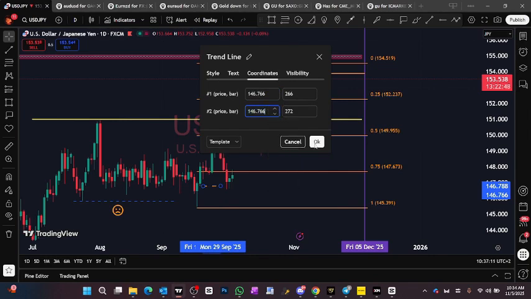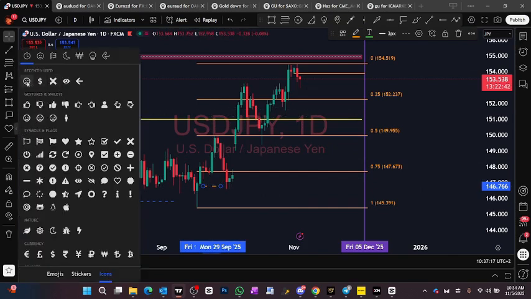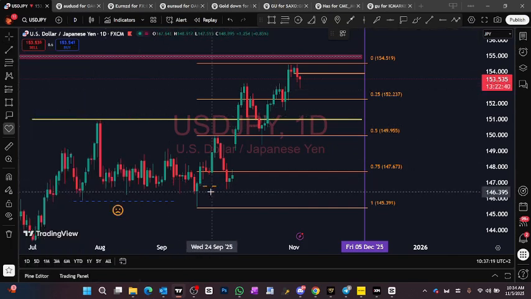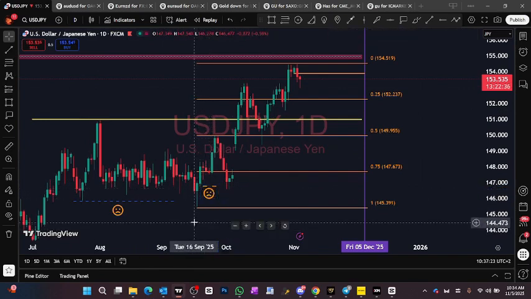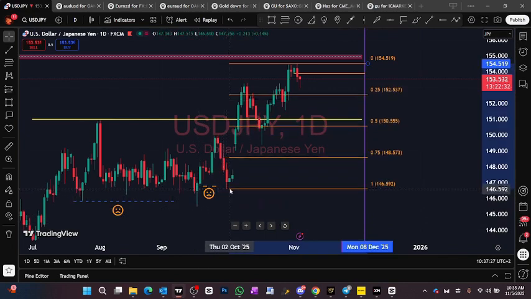Straighten the line. There was another liquidity that was taken over. So we're moving up.